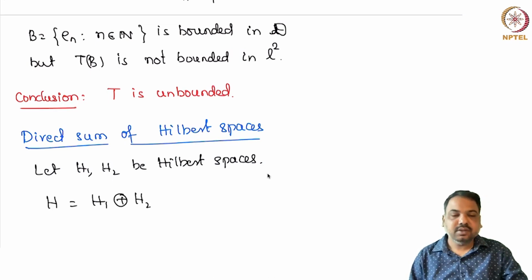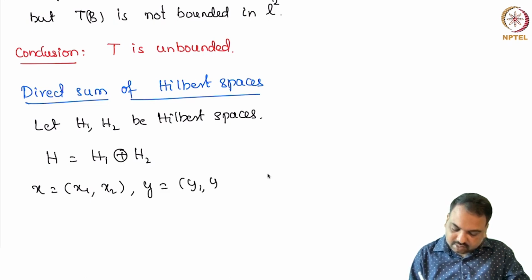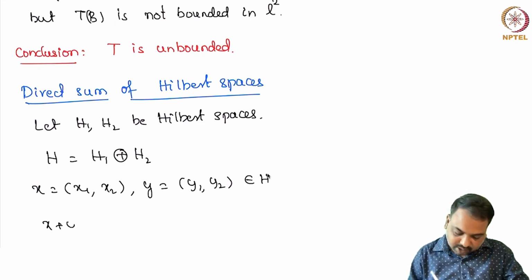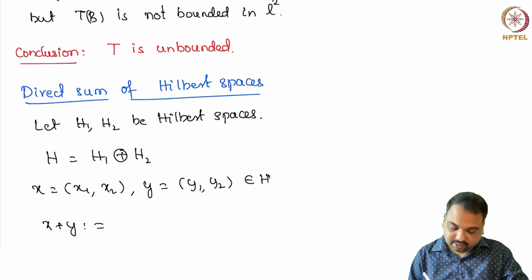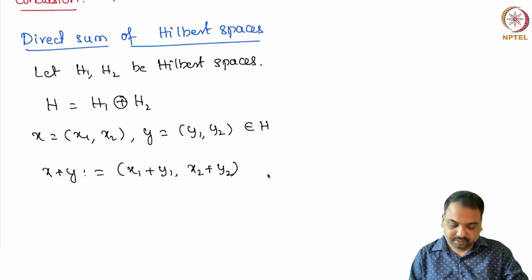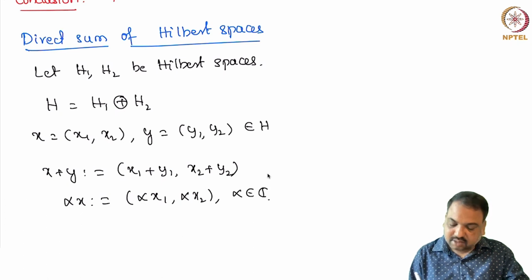as H = H1 ⊕ H2. So here if you take any element x as (x1, x2) and y as (y1, y2) in H, then we define x plus y as component-wise addition, (x1 plus y1, x2 plus y2), and alpha x as usual, this is (alpha x1, alpha x2), where alpha is a complex number.